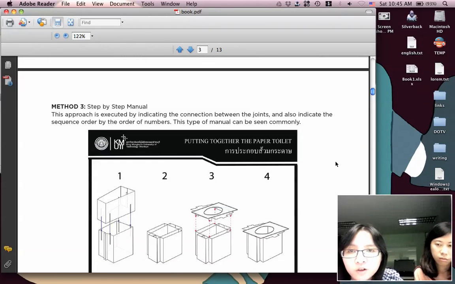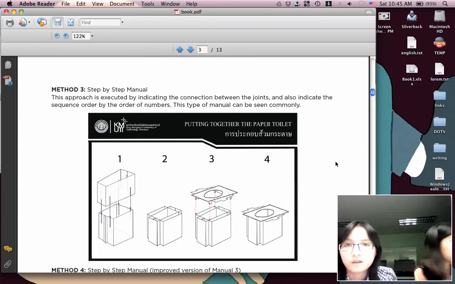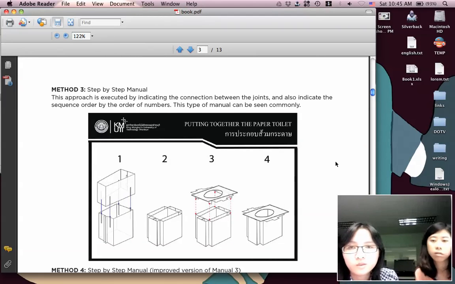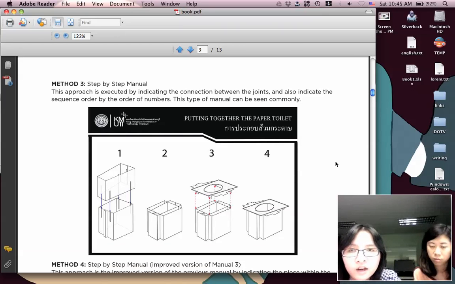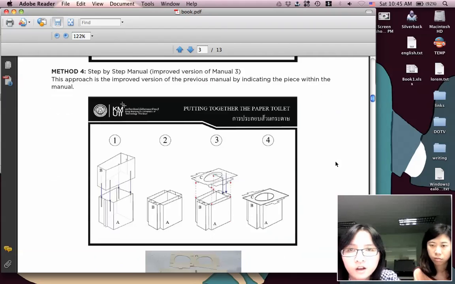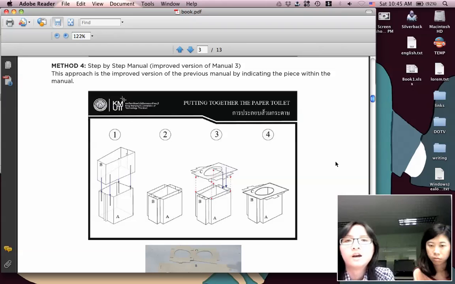The next kind of manual is the step-by-step manual. This one is quite straightforward. They will tell the user step by step how to set up the whole structure of the paper toilet. And then we have the next kind of manual. This step-by-step manual is the developed version of manual 3.